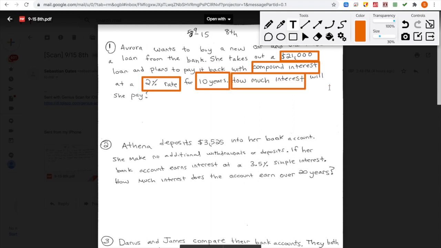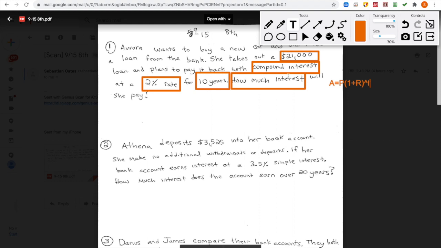So when I write the formula for compound interest, I have the total amount is equal to the principal times 1 plus the rate with an exponent of the time. So I see that the answer this formula gives us will give us the total amount. But what we're looking for is the interest.